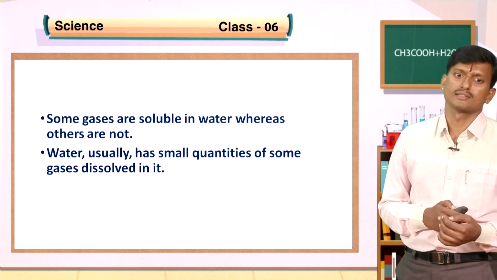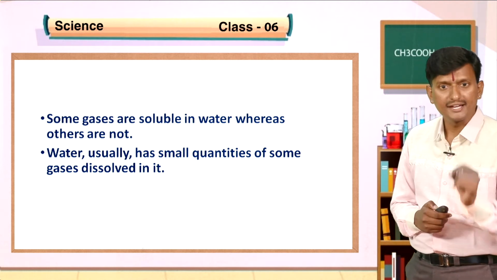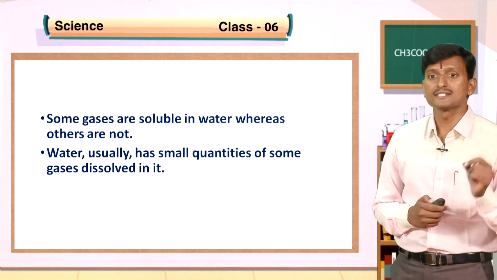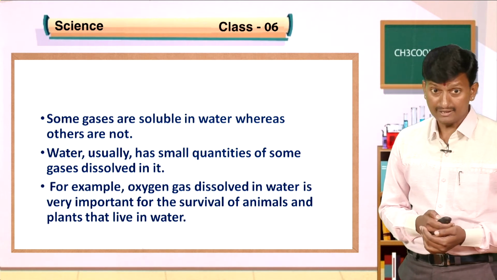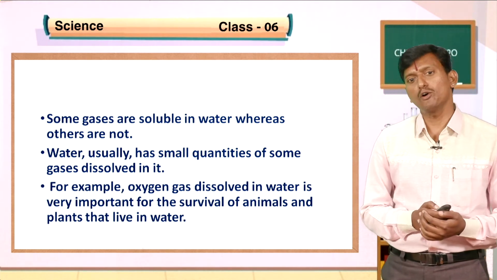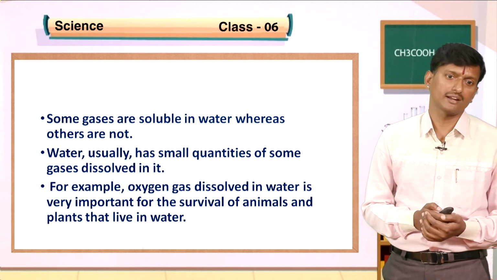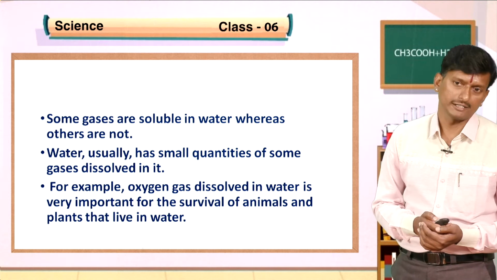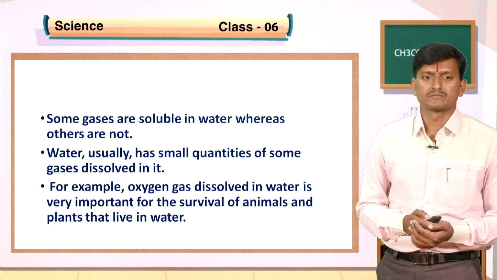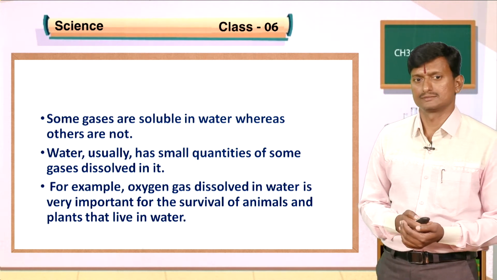Yes, water usually has small quantities of some gases dissolved in it. For example, oxygen gas dissolved in water is very important for the survival of animals and plants that live in water. Understand?